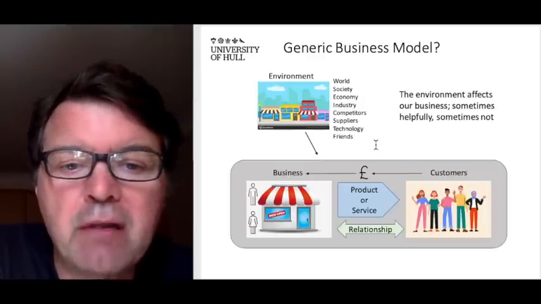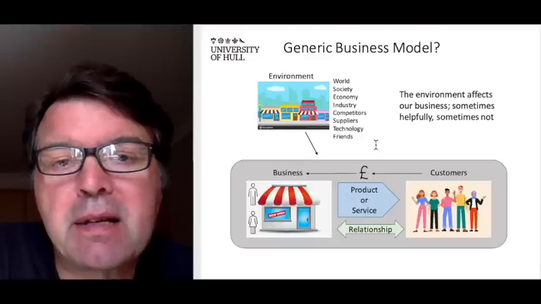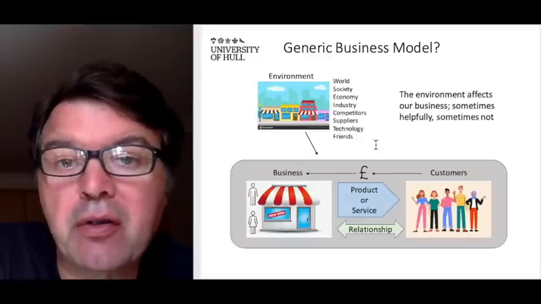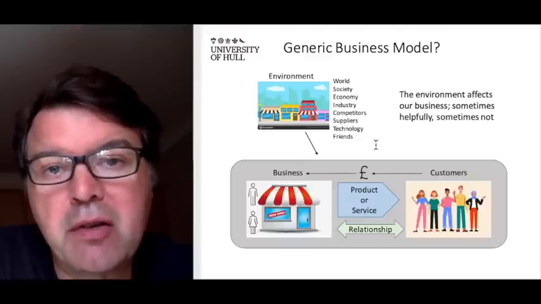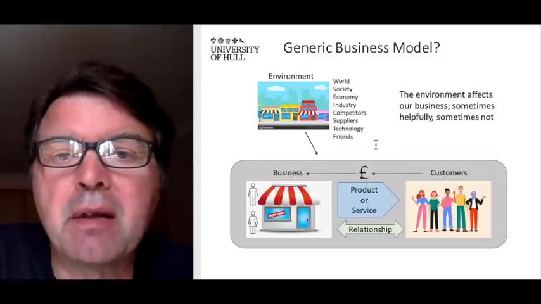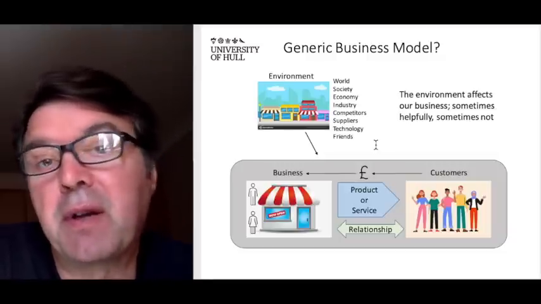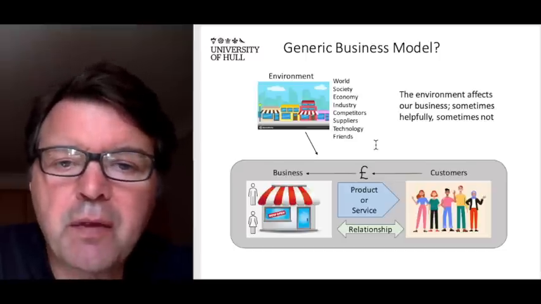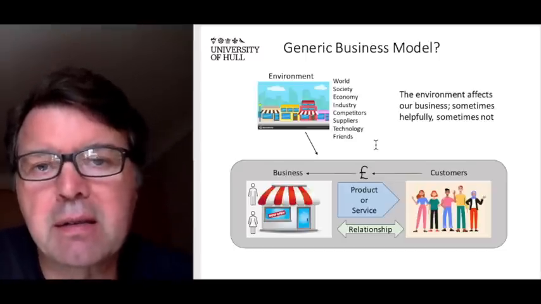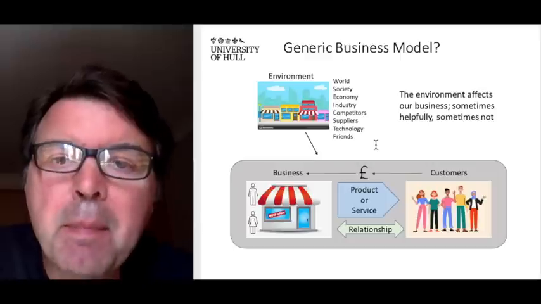And of course, friends. Businesses often operate in networks where partners help each other. It might be that you're involved in a network that's really important for the development of your business. So all of those environmental things can impact your business.